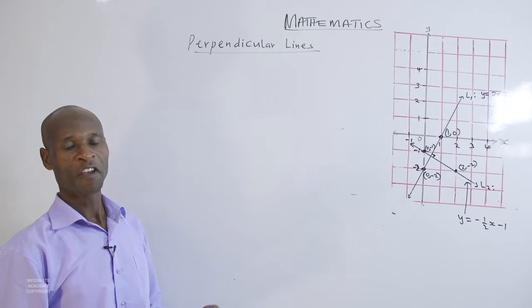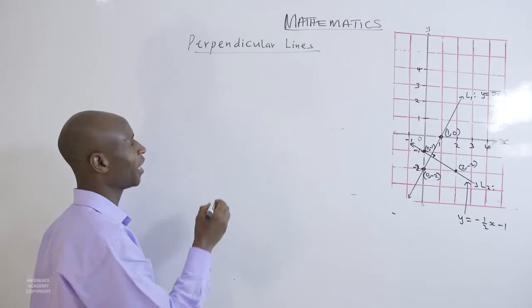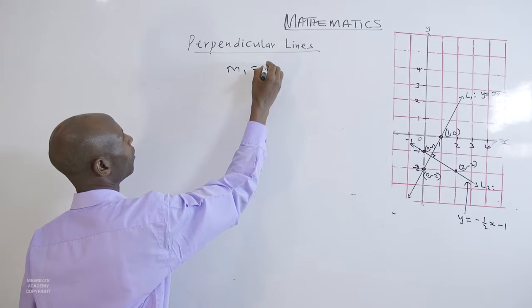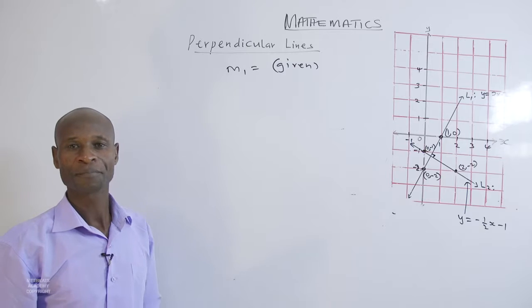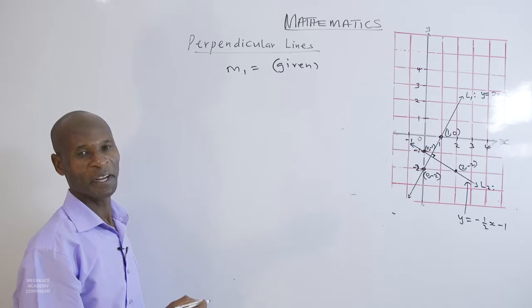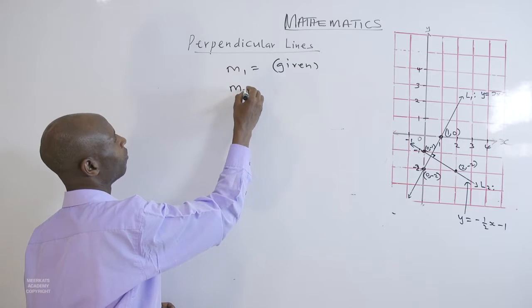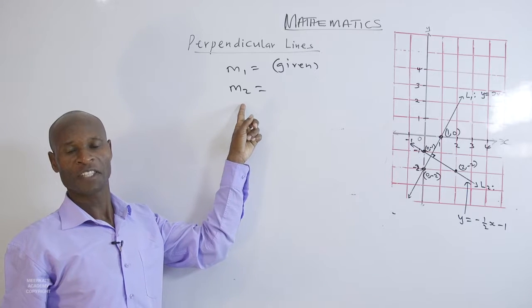That means if you have been given the gradient of the first line as m1, then you want to get the gradient m2 of the second line.